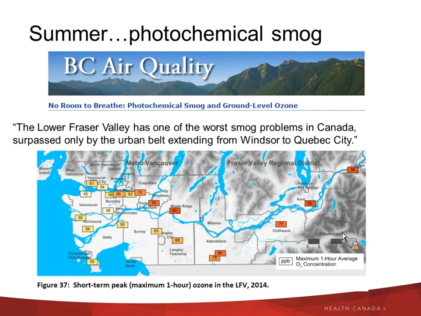So this just highlights a key exposure issue in rural areas in the summer months, which is photochemical smog. And this figure shows data for 2014 and the clear gradient in exposure moving from Vancouver out eastward into the Fraser Valley based on peak ozone exposures.